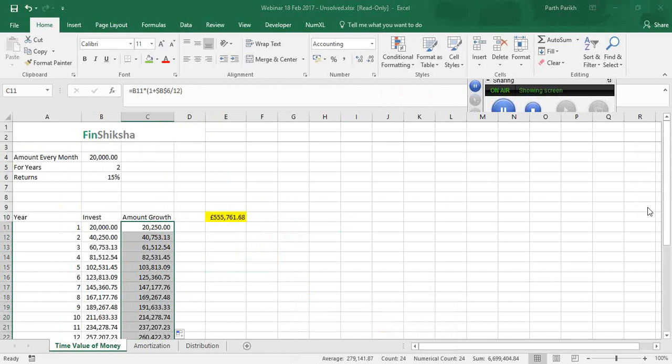I have shared the solved file. You can download it. In the solved file I have not solved time value of money, but I have solved amortization and the distribution part of it. You can have a look at it. Even if you are not getting it, please let me know. Feel free to ask me questions.